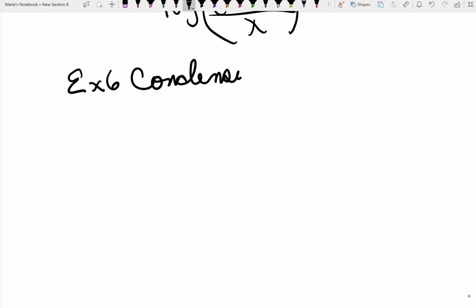So I'm going to start with A. So they give you 1/2 log x plus 4 log of x minus 1. We'll start with that one. And so the first thing you're going to want to take care of are the powers. So you're going to go that way on the powers. That's number 1. So what we really have here is log x to the 1/2 plus log x minus 1 to the 4th.